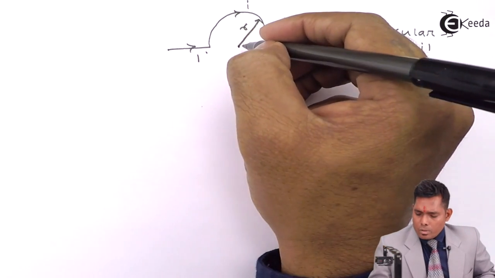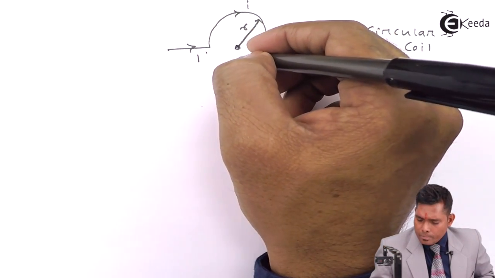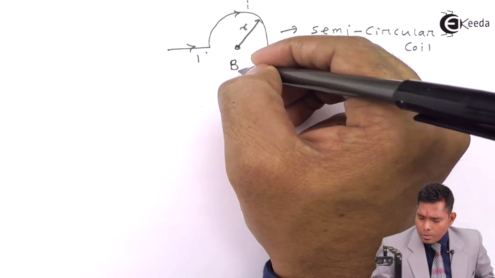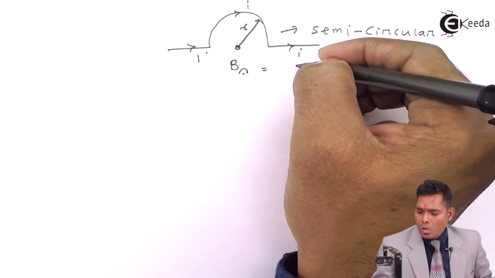Then if I ask you to find the magnetic field here, B, due to half circle, then how much is this?